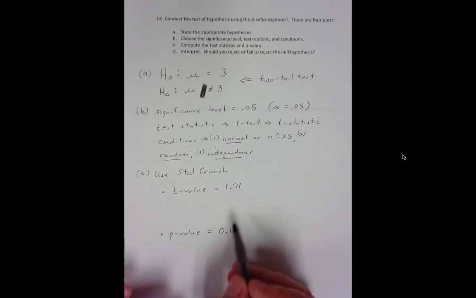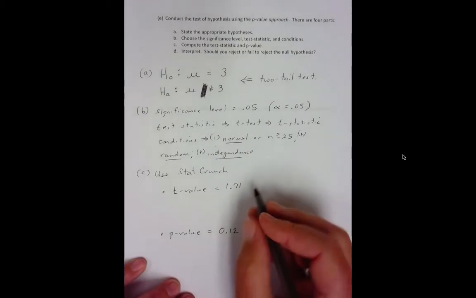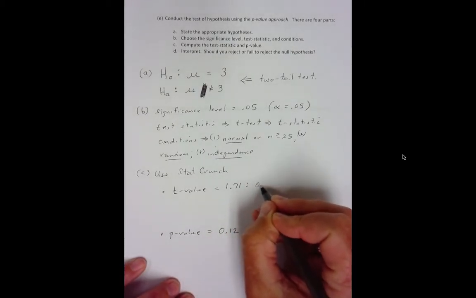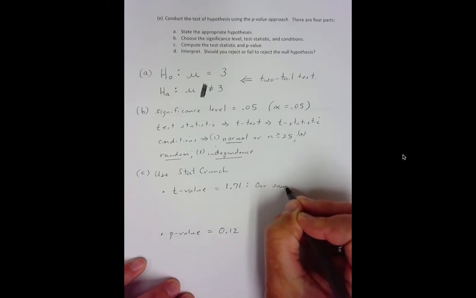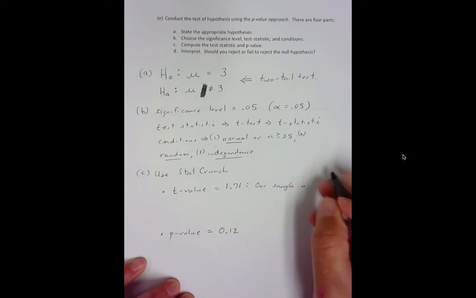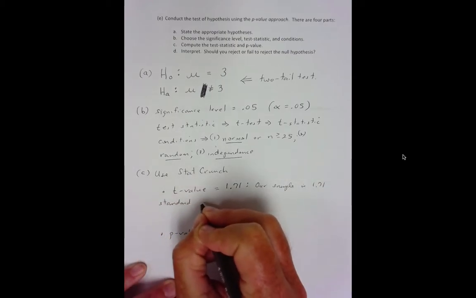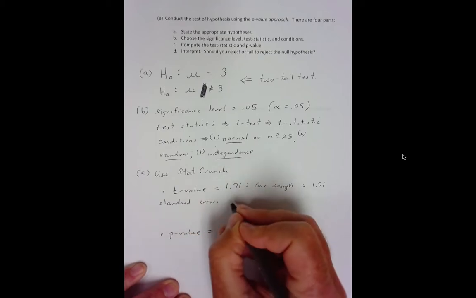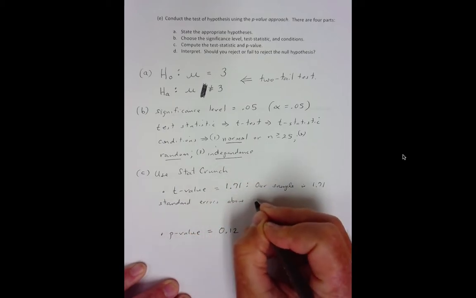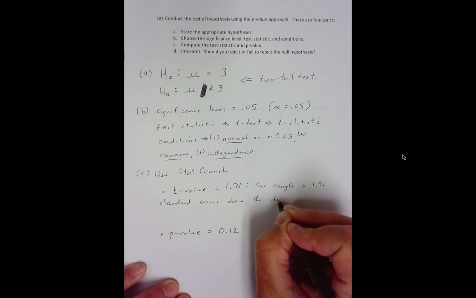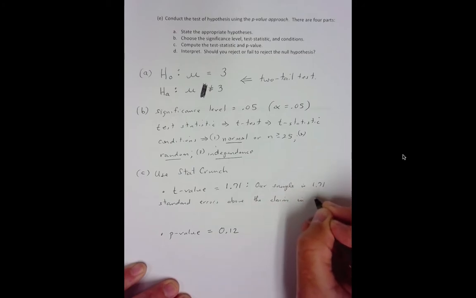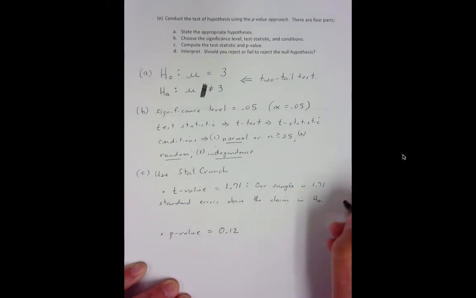Now, what does this 1.71 tell us? This tells us that our sample is 1.71 standard errors above the claim in H sub O. What's the claim in H sub O?